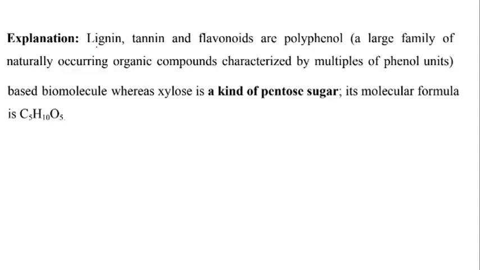So see, lignin, tannin, and flavonoids are polyphenols. A polyphenol is a large family of naturally occurring organic compounds characterized by multiple phenol units. It contains phenol only. The non-polyphenol biomolecule is xylose, a kind of pentose sugar. Pentose means 5 carbon.